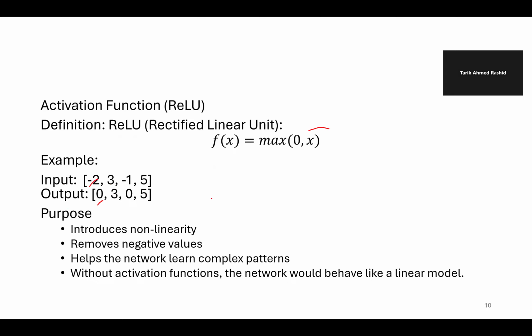So mainly this function introduces nonlinearity and removes negative values, as we said that here any negative values will be considered as 0, and supports the network learn complex patterns. Without activation function, the network would behave kind of like a linear model.